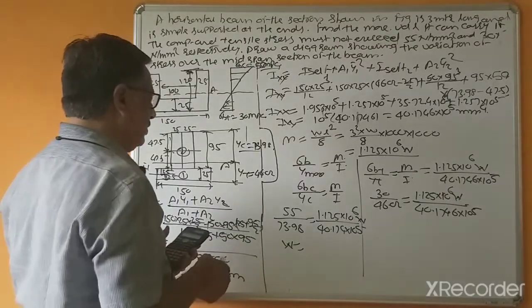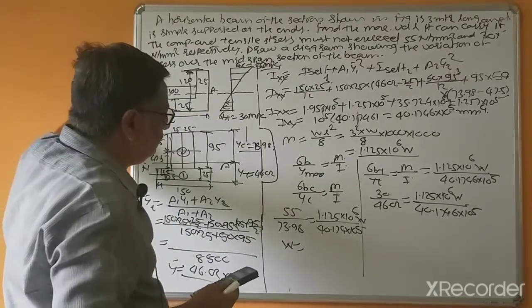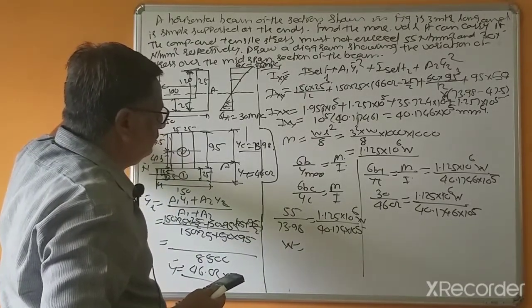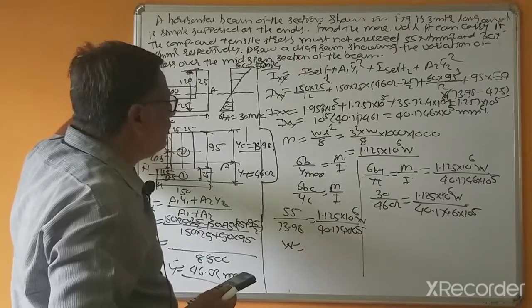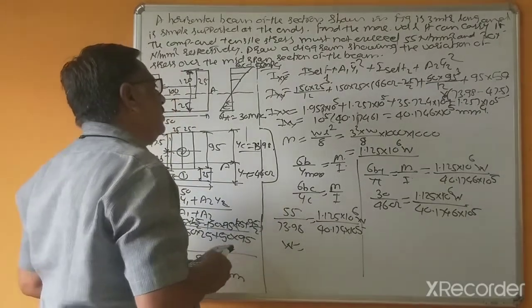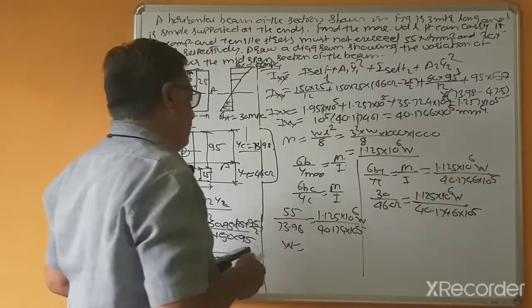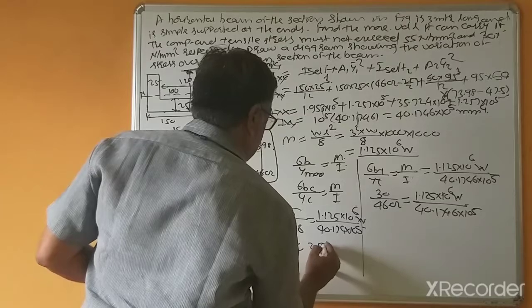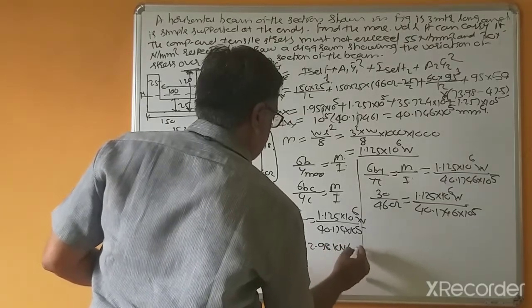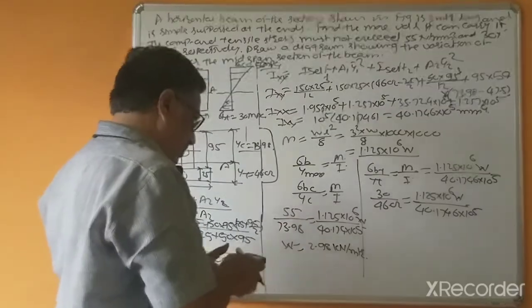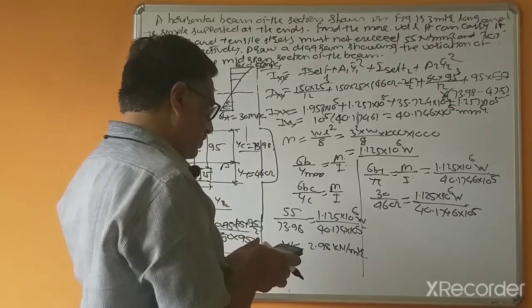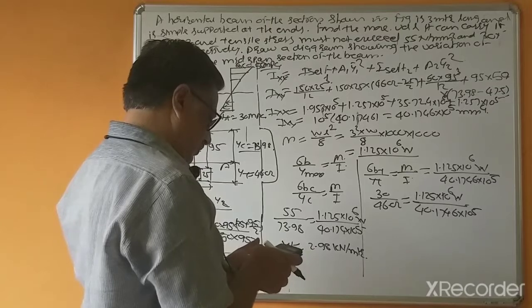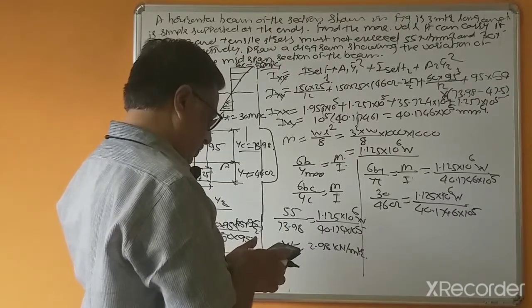This is equal to 2.98 kilonewton per meter, and that is 30 into 40.1746 multiplied by 10 to the power 5 divided by 46.02 divided by 1.125.